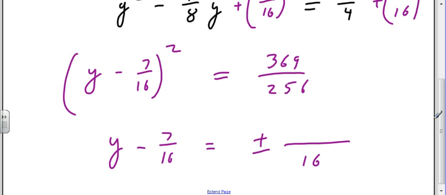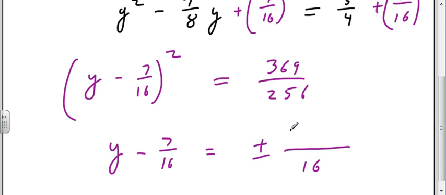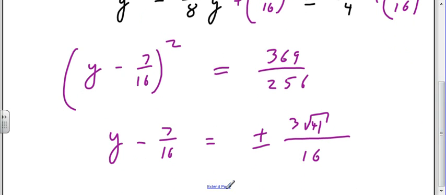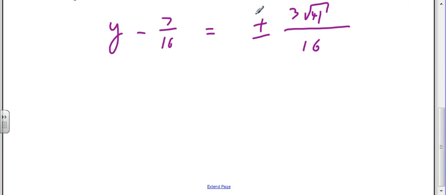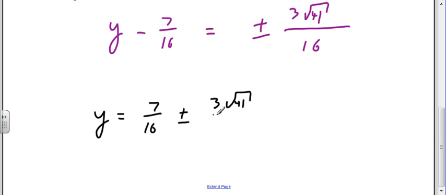Really? Which begs the issue of why 3 the square root of 41. All right, if you say so. So y is going to be 7 over 16 plus or minus 3 the square root of 41 over 16. That's good enough. We just leave it that way.